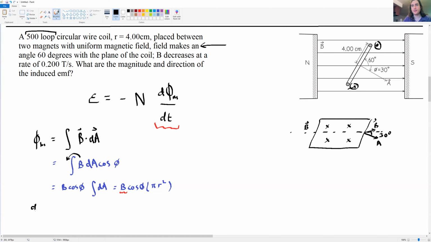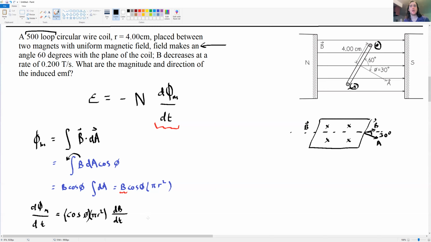So when we take d phi by dt, we get cosine phi, the angle, times pi r squared, put some extra parentheses there just to distinguish those, and then dB dt, like that.